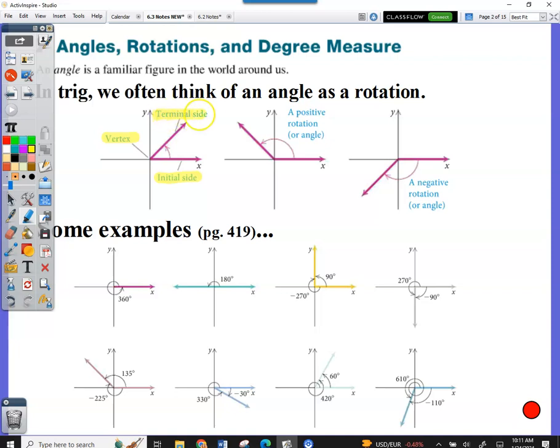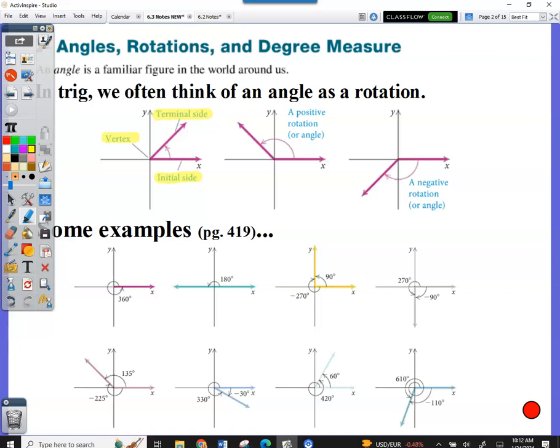The terminal side is the one that is actually rotating to move to the given angle value, and then it will land, terminate, wherever the value tells it, like 45 degrees or 180 degrees. You with me?